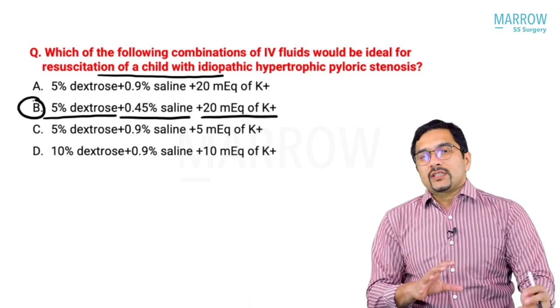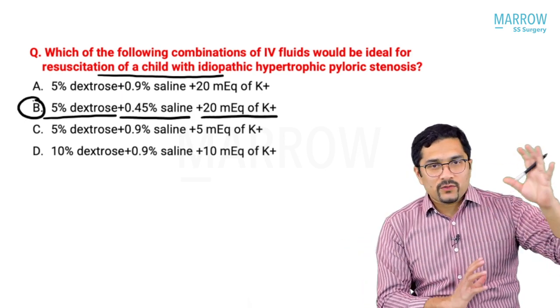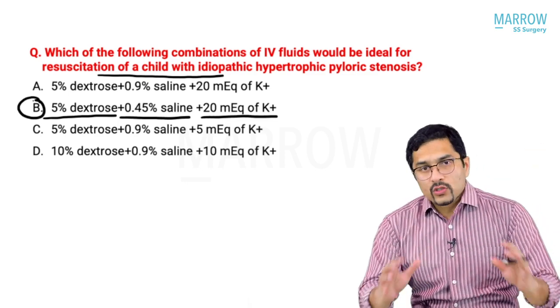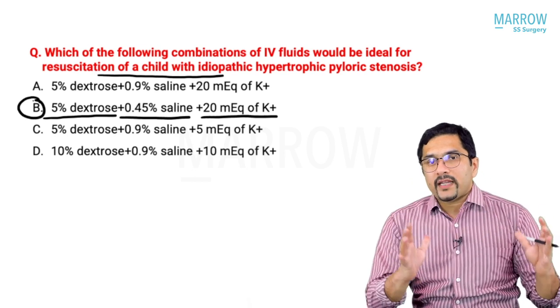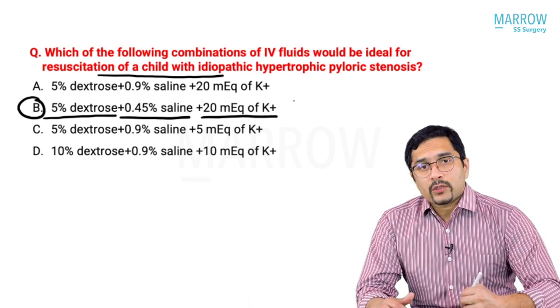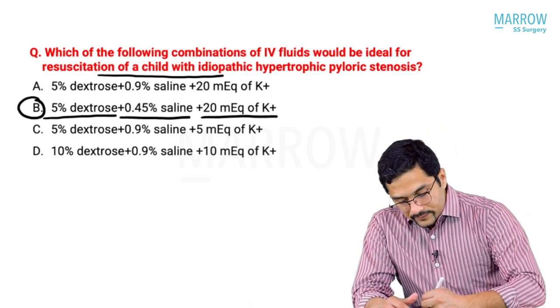There were two questions based on this topic, and again one question was asked in one subset, the other one was asked in another subset. So, what you can see is the topics were remaining the same. I have already told you that potassium should be added only when the kidney function recovers.